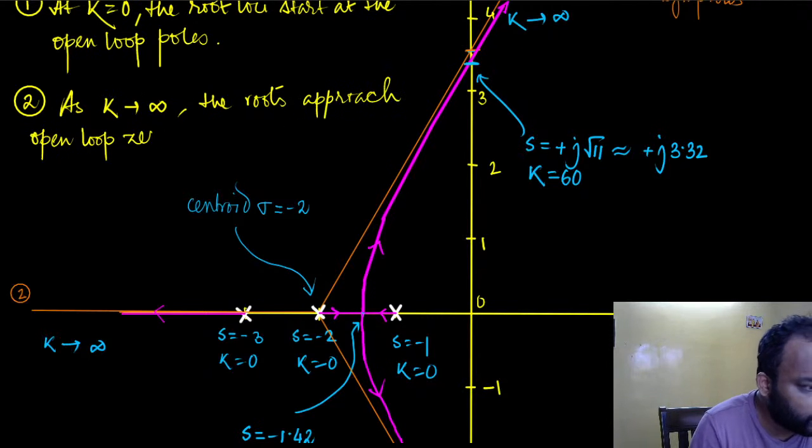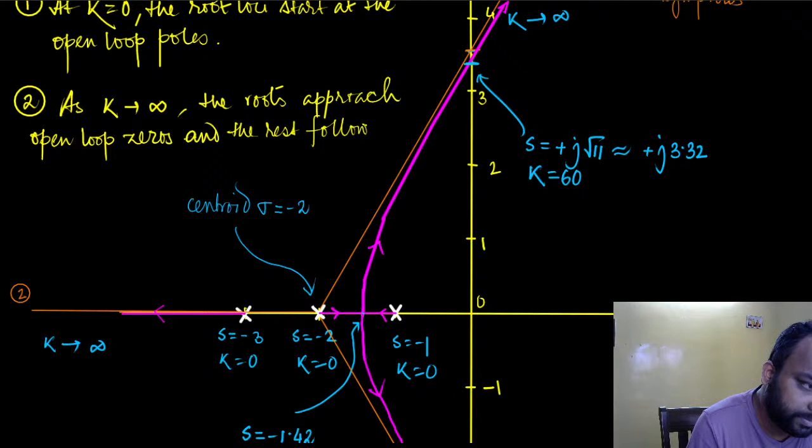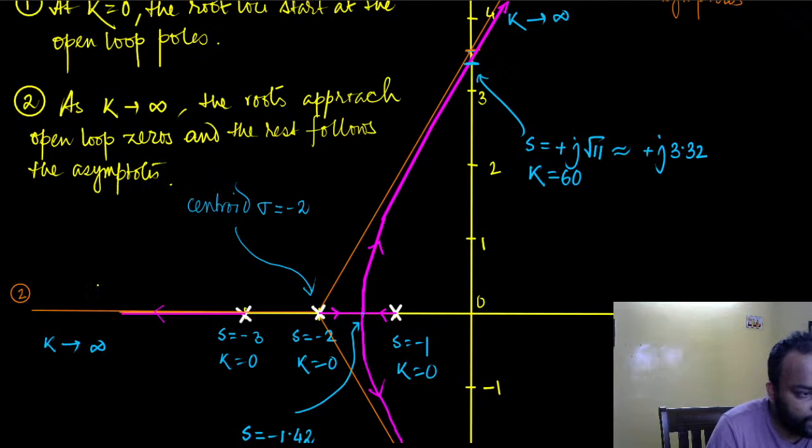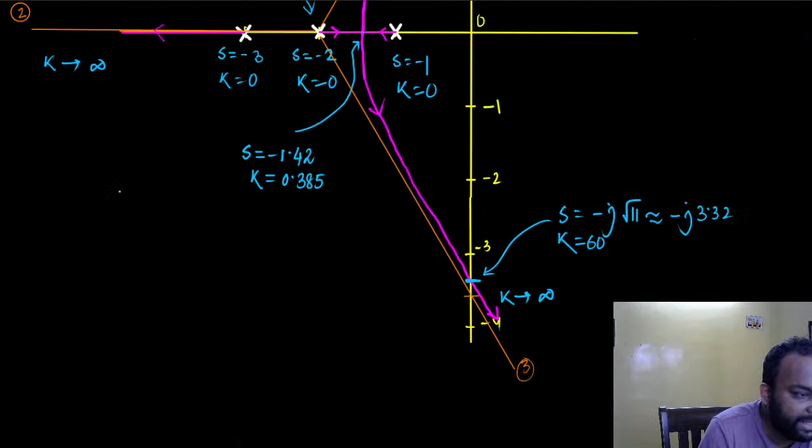So the roots approach the open loop zeros, and the rest follow the asymptotes, right?